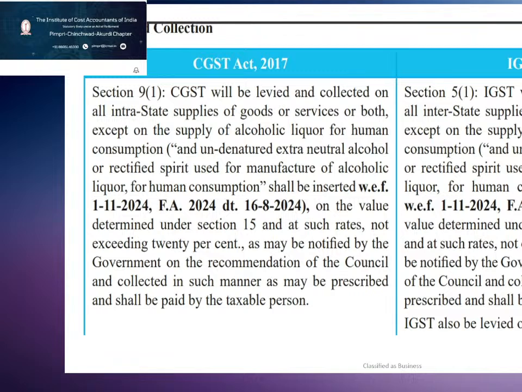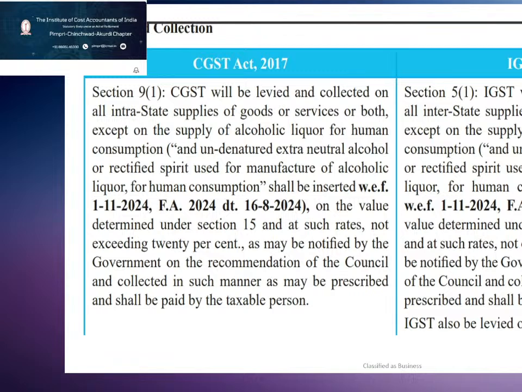In that scenario, from which period does the threshold limit of aggregate turnover start? We need to understand this from this particular paragraph: aggregate turnover includes the value of supplies made by such person from the first day of April of a financial year up to the date when he becomes liable for registration under this Act.